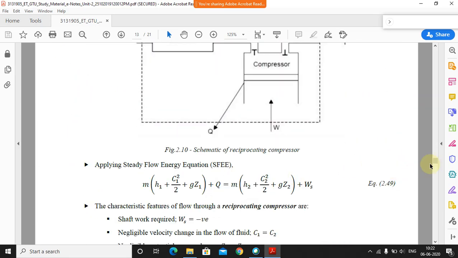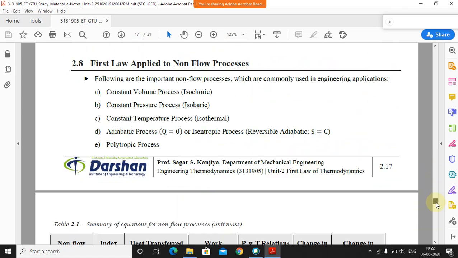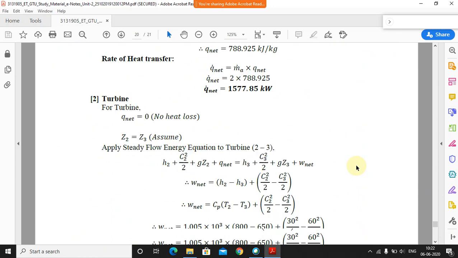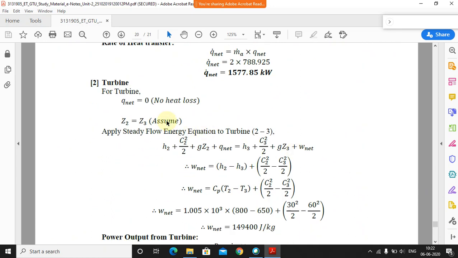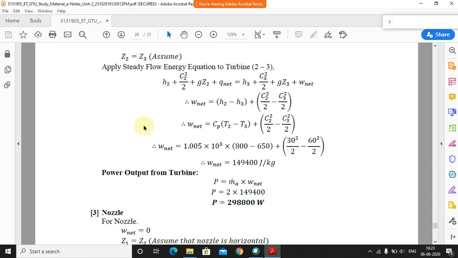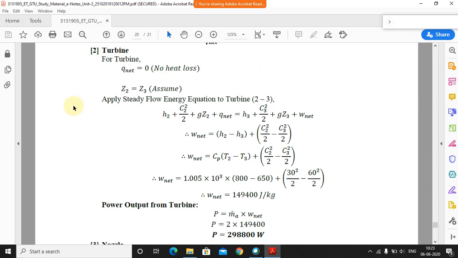Okay, we'll use the same equation. Now the turbine is perfectly insulated, so Q net is equal to 0 because no heat loss is there. Then Z2 and Z3 we are assuming at the same level, the steam entering the turbine and leaving the turbine, so obviously that is at the same level.